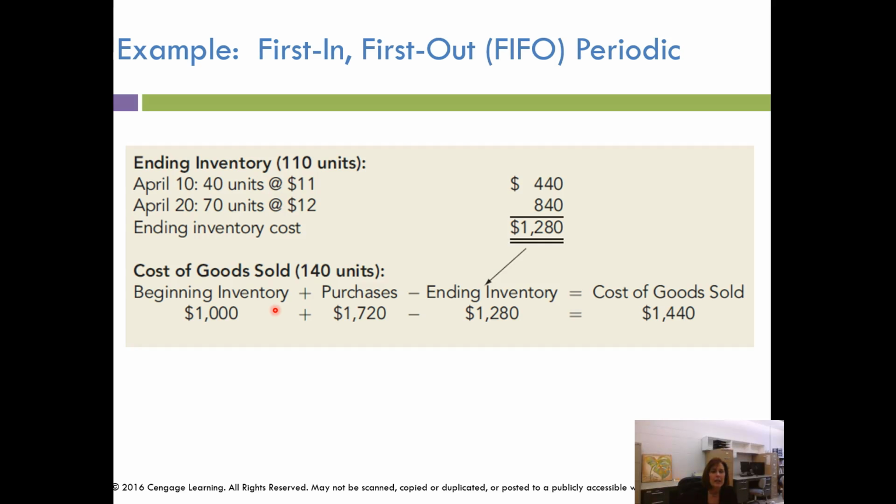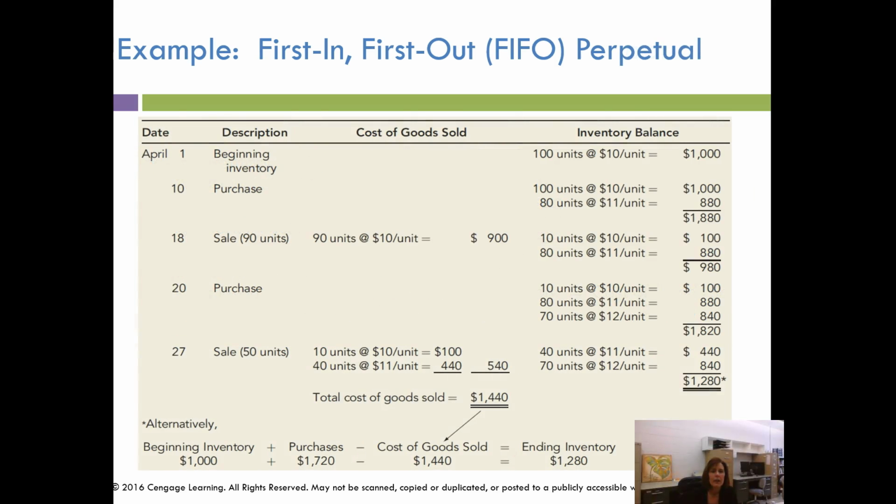And so in this case, beginning inventory was 100 units. So of the 140 we sold under the first in, first out method, we're going to assume that we wiped out our beginning inventory first, then we got some from the next set of units, and then we will have exhausted the 140 at that point.